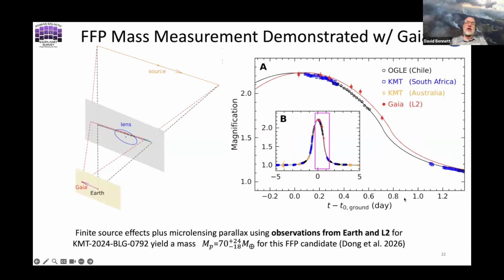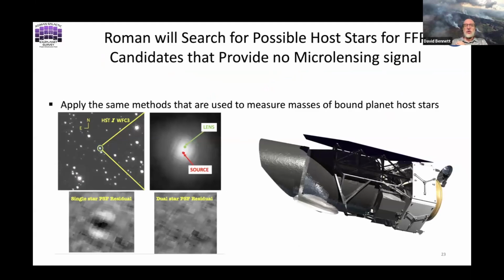And this has been demonstrated now by a detection of a free-floating planet that had multiple observations from Gaia that allowed us to measure this microlensing parallax effect between the Earth and L2. And so we'd really like to get simultaneous surveys of the galactic bulge time domain survey by other telescopes, either on the ground or with Euclid.